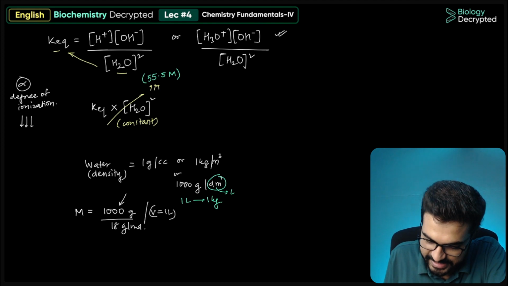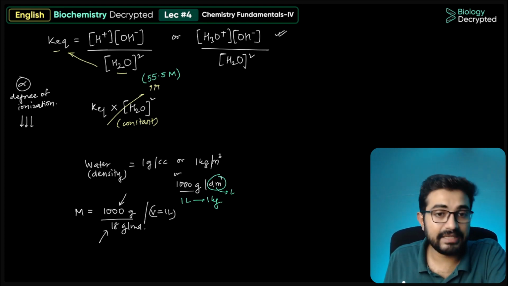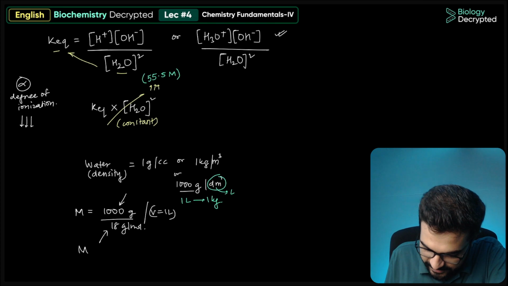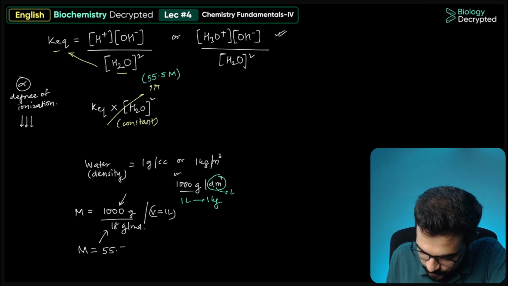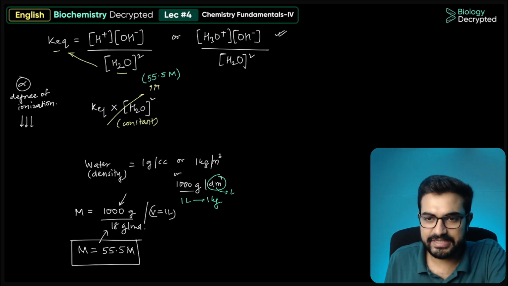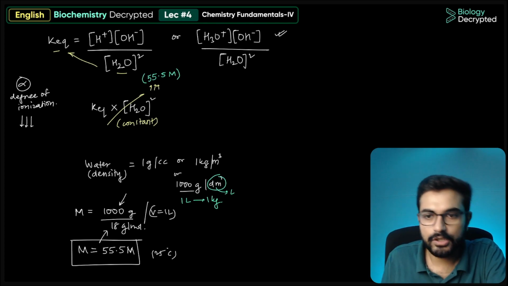Here 1000 grams is the given amount of water, and 18 grams per mole is the molecular weight of water. So 1000 grams by 18 grams per mole gives a value of 55.5 molar. This is how you can easily calculate the molarity of water. And obviously all this measurement is taken at 25 degrees Celsius, at room temperature.